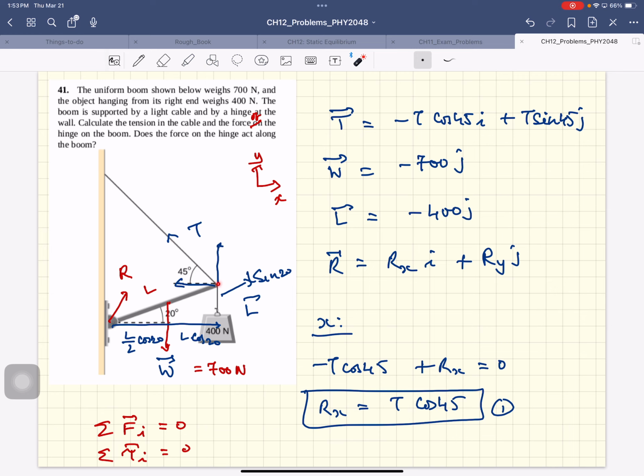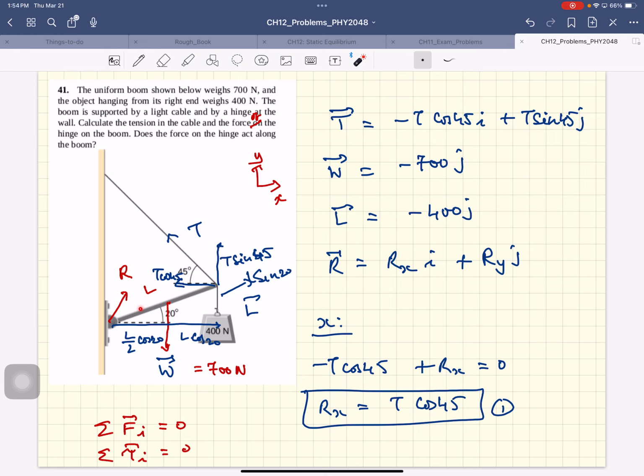L sine 20. So what we have done is we've broken the tension into its x and y components. So we replace this by that. This guy is T cosine 45. This is T sine 45. So essentially you removed this force and replaced it by these two forces. Now the torque for this guy is the force times the moment arm, which is this distance.